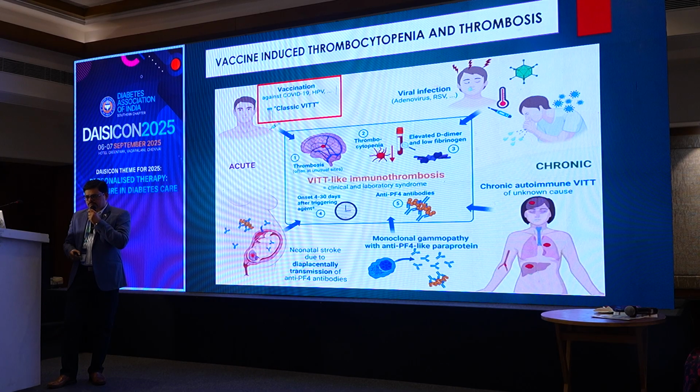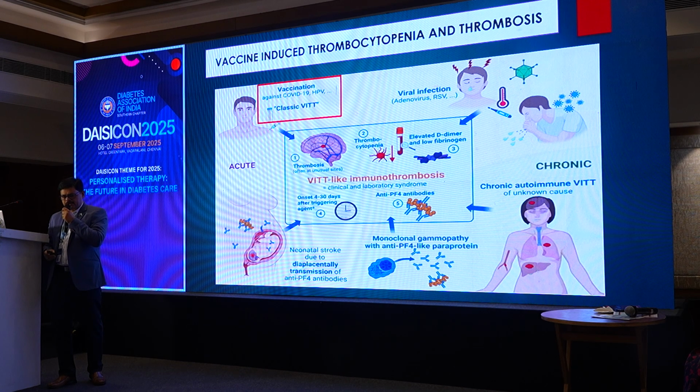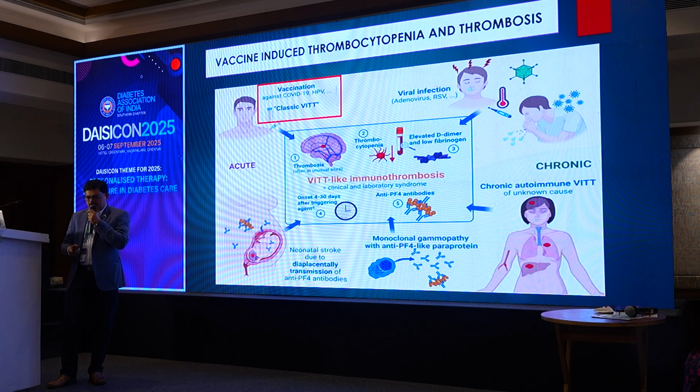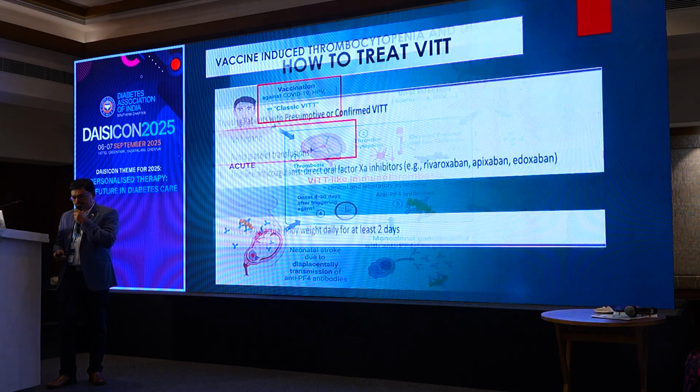There may be monoclonal gammopathy, and antibodies against platelet factor 4 will be there. The onset is usually 4 to 30 days following the triggering agent. Other things include neonatal stroke due to transplacental transmission of anti-PF4 antibodies. So these are the complications following vaccinations.